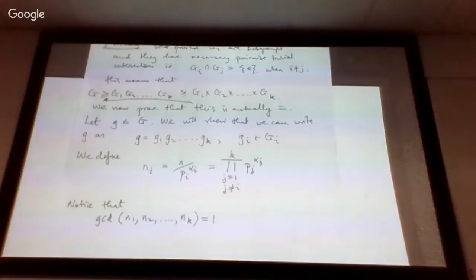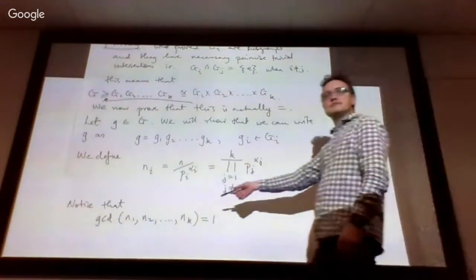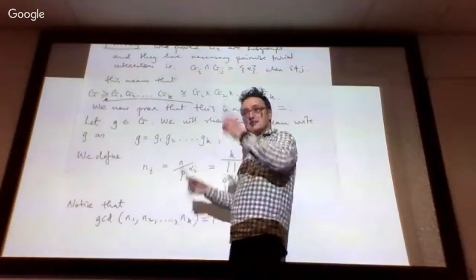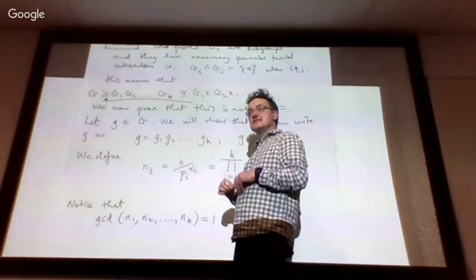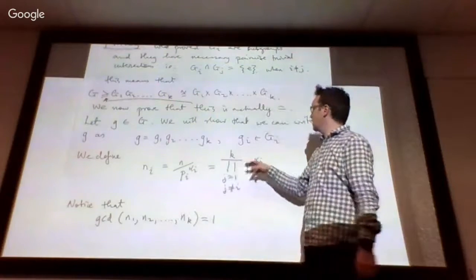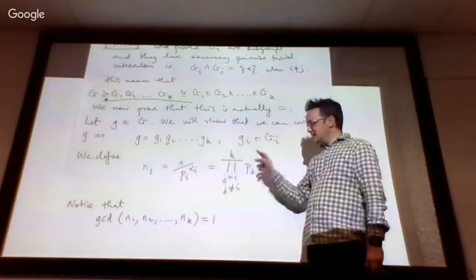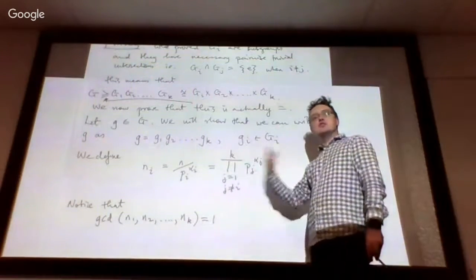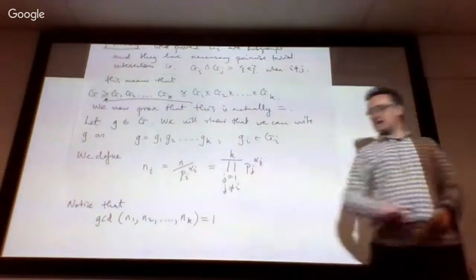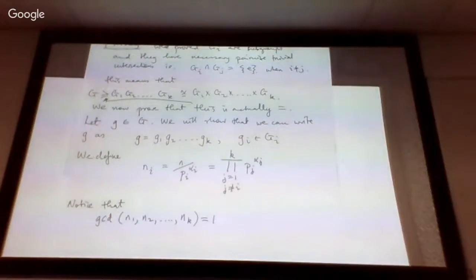You won't find any primes that are common to all of them, because they've all got one missing. The candidates for the GCD have to come from products of these primes, but each one has a different one missing. So there's no prime that divides them all, and you're left with a GCD of one.